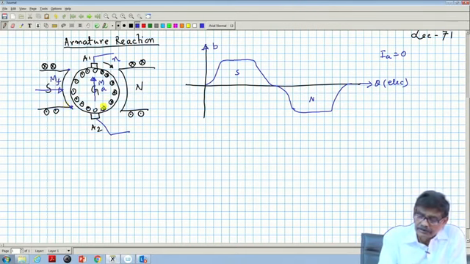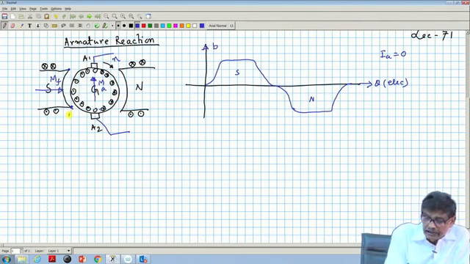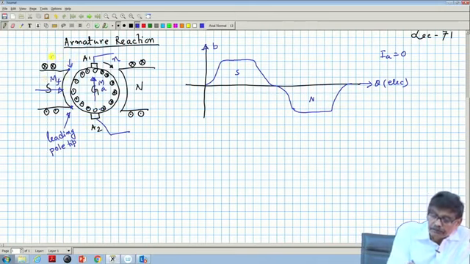Suppose you are sitting on the armature and moving like this, you will first see this pole tip and after some time you will see the other. So, this pole tip is named the leading pole tip, and this pole tip is called the trailing pole tip.